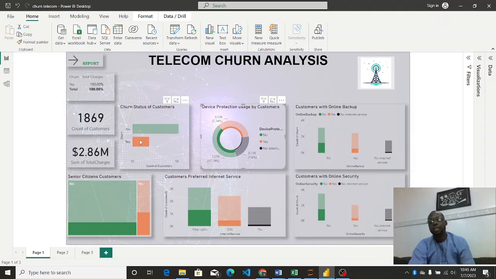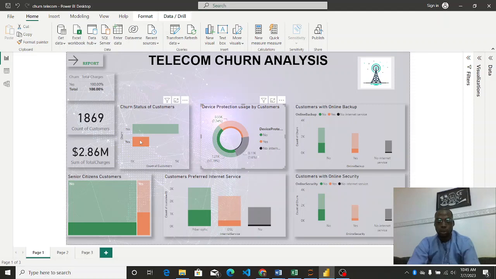And from this $2.86 million, we can see that it's as a result of 1,869 customers churning the organization. So now we want to know why these 1,869 customers churn the organization.